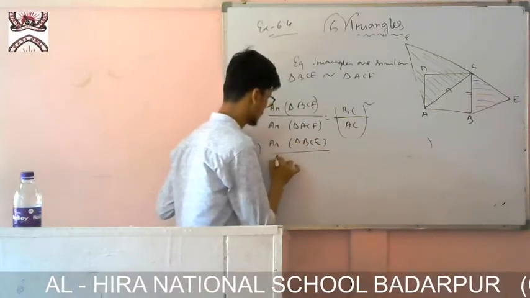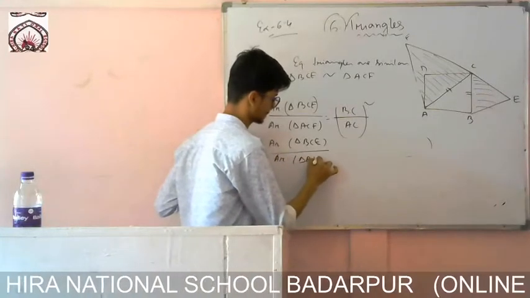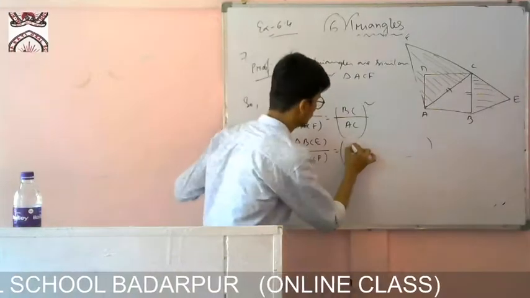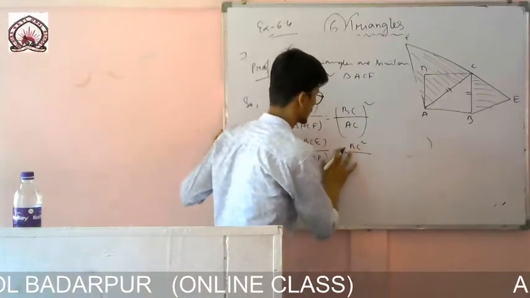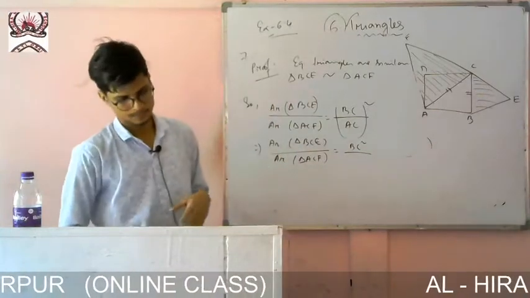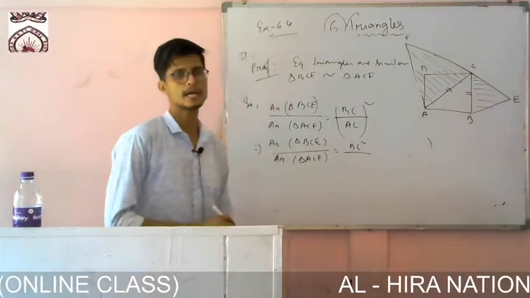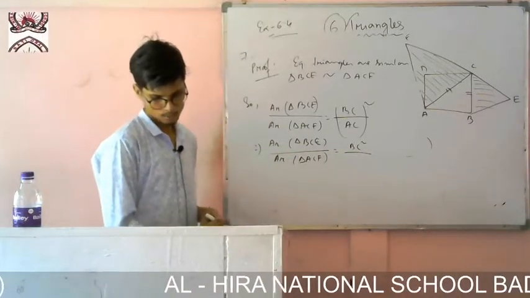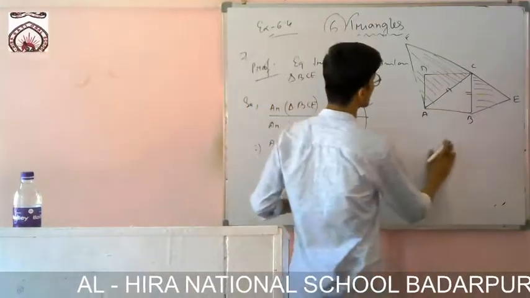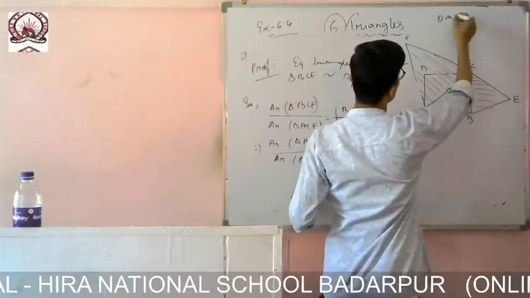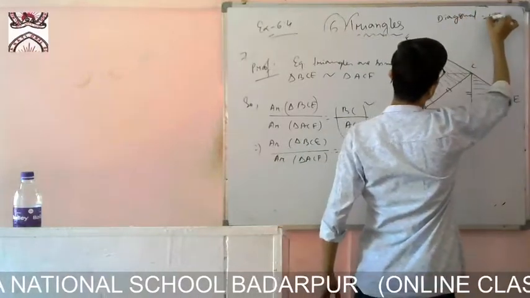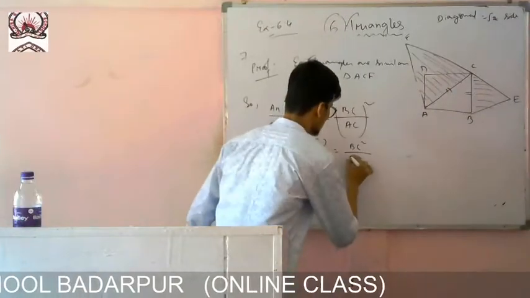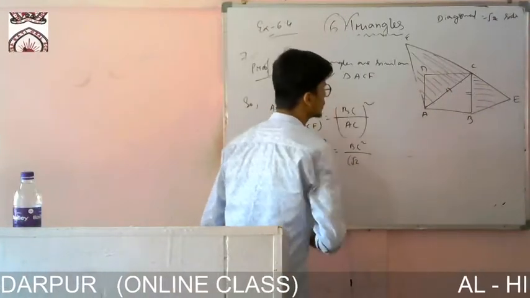We know the formula for finding the diagonal. So BC I keep the same, BC square. Diagonal formula: in the case of a square, diagonal is equal to root 2 into side. So in place of AC, AC being the diagonal, I can write root 2 into, and which is the side?